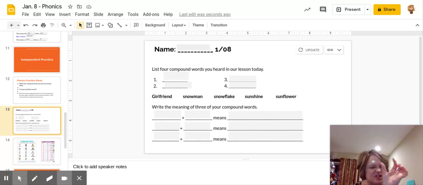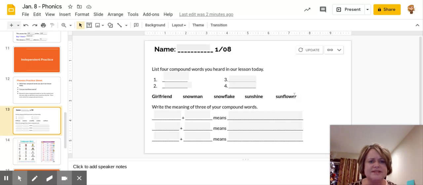Now, those extra little bits that you put in there, a flake made of, I added that, made of snow, you're going to have to think, okay, what does that mean? I have flake and snow. It is a flake, what? Made of snow. Okay, so you're going to have to do some thinking about what do those middle words need to be. But I think you can do it. I really think you can.